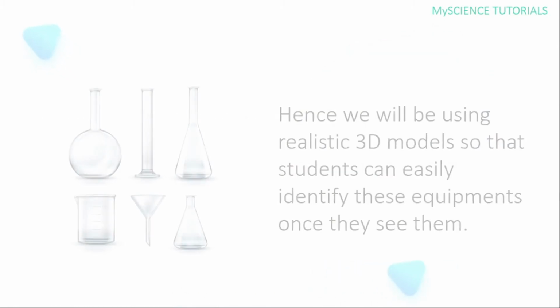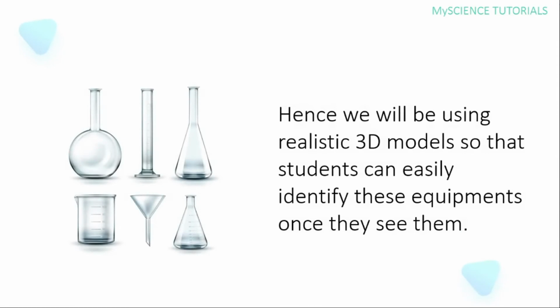Hence, for the sake of those students, we want to use realistic 3D models of the equipment so that students can easily identify them once they see them. So we will not be using just line drawings or flat drawings for this tutorial.